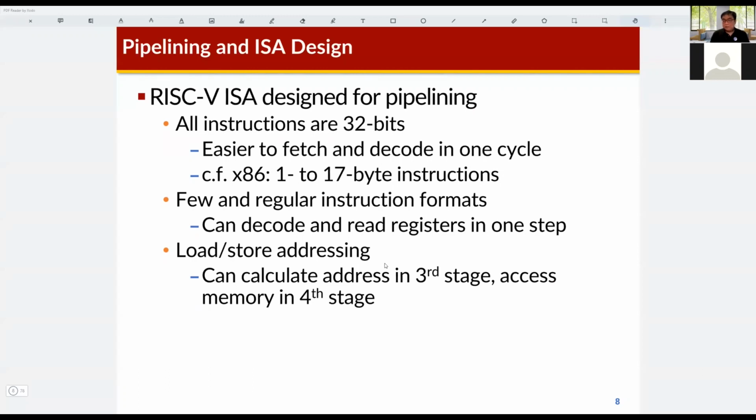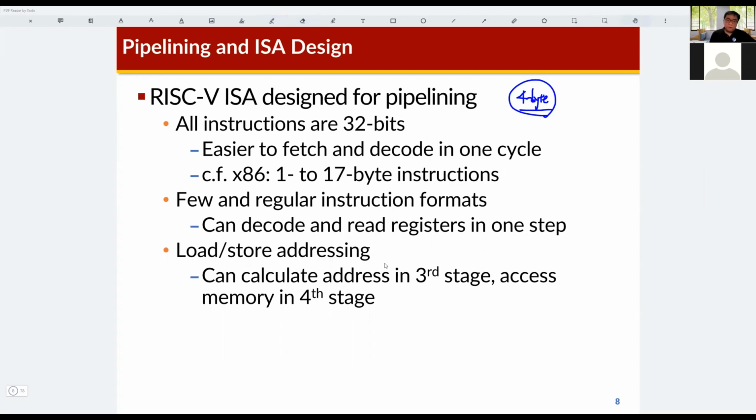Actually, this slide compares the RISC-V ISA and other CISC type ISAs like x86. As we learned, a RISC type ISA is very simple and well organized. Also, the instruction width of a RISC type ISA is usually fixed. For RISC-V, the size of a single instruction is 4 bytes, that means 32 bits.